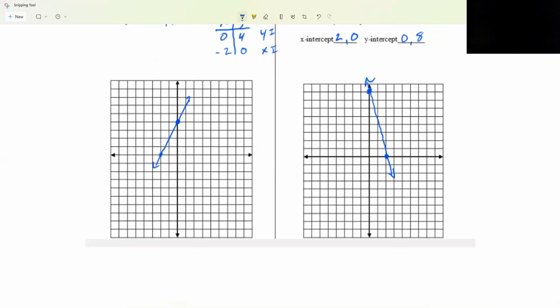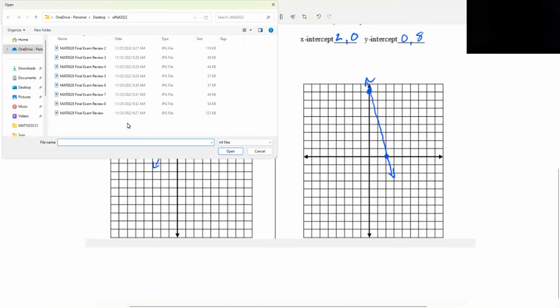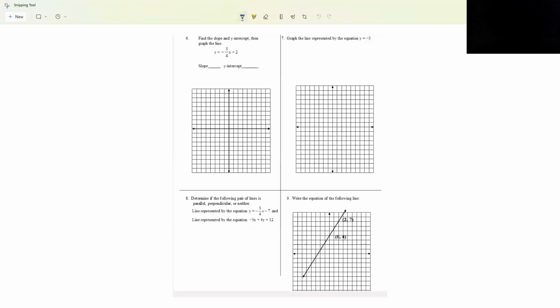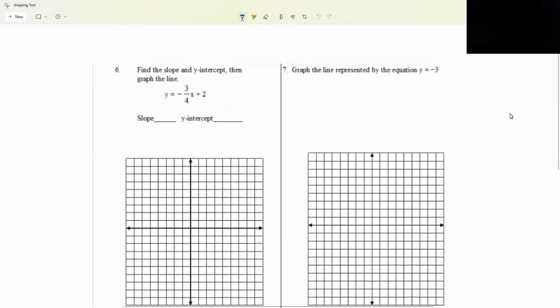Okay. So the next one you got. They want you to find the slope and the y-intercept. Well, this is in that y is equal to mx plus b form.